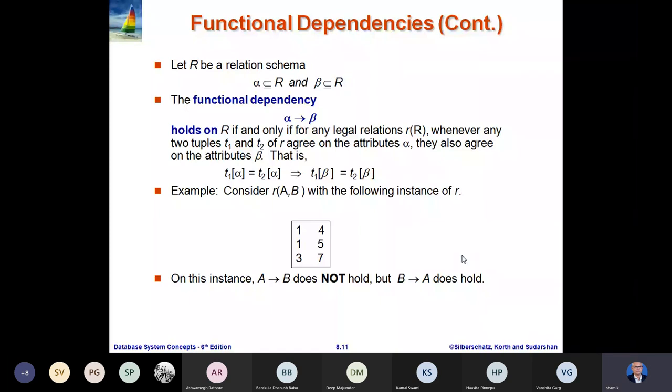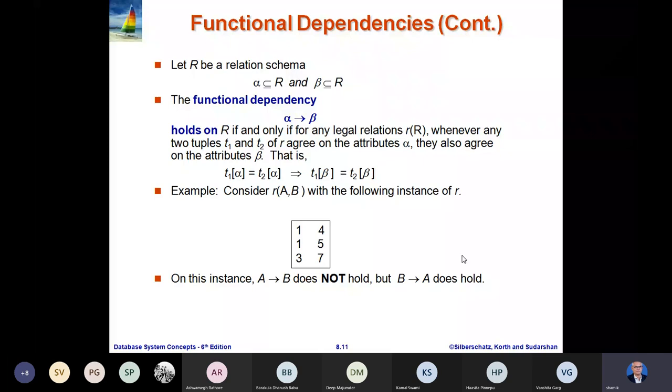I hope this notation is clear, that alpha is a subset of R and beta is a subset of R. And the functional dependency alpha to beta, that is, beta is functionally dependent on alpha, or alpha functionally determines beta, holds on R if and only if, for any legal relation, and here the relations are denoted with lowercase r while the schema is denoted by uppercase R, whenever any two tuples t1 and t2 of r agree on the attributes alpha, they also agree on the attributes beta.